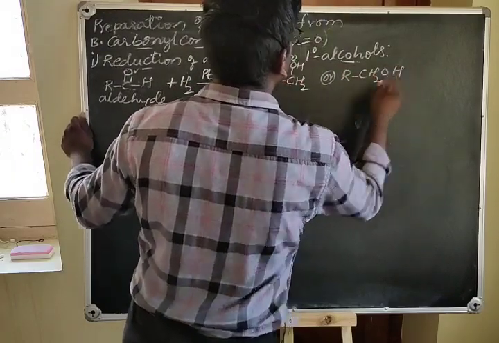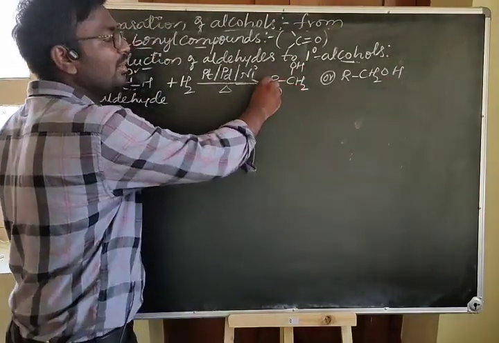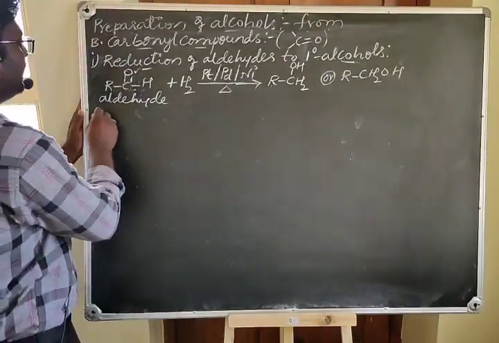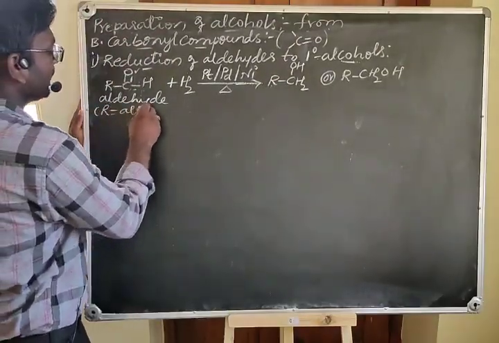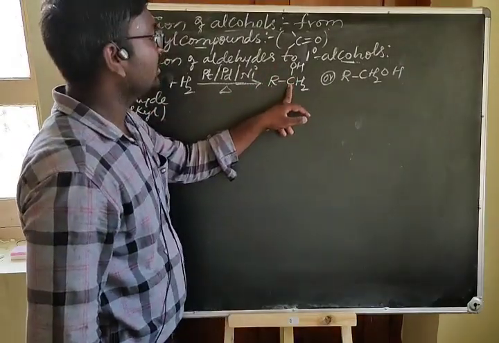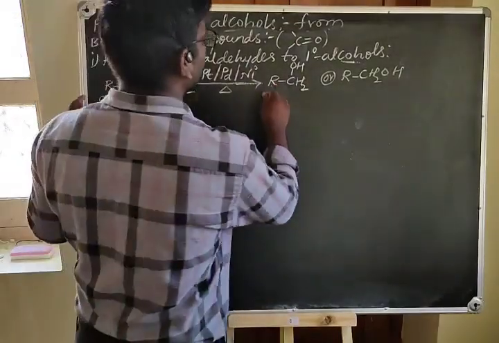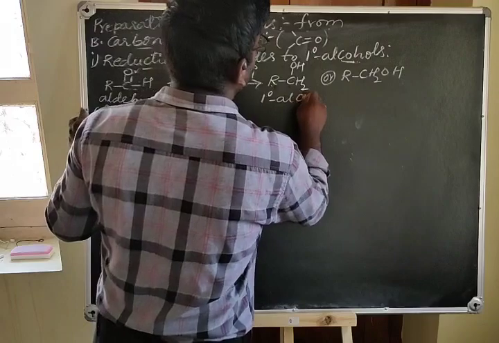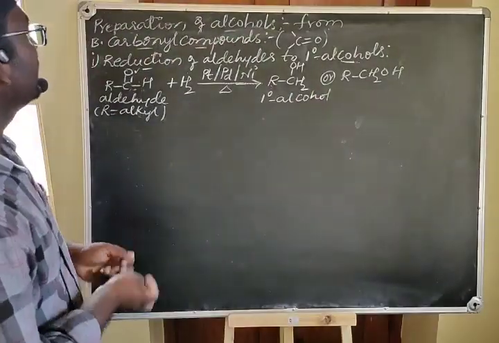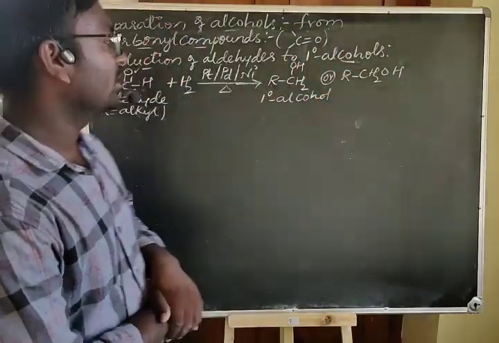Here the OH is present on a carbon that is linked to only one other carbon in this alkyl group, where R is an alkyl group. So therefore it is called a primary alcohol. The reduction of aldehydes will give you only primary alcohols.